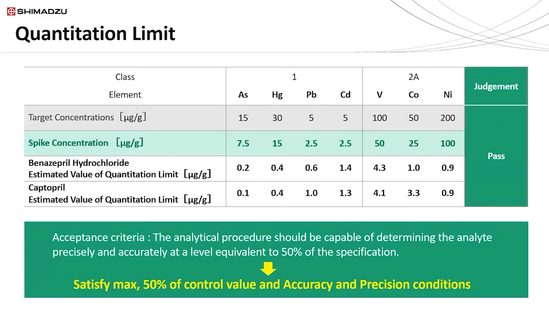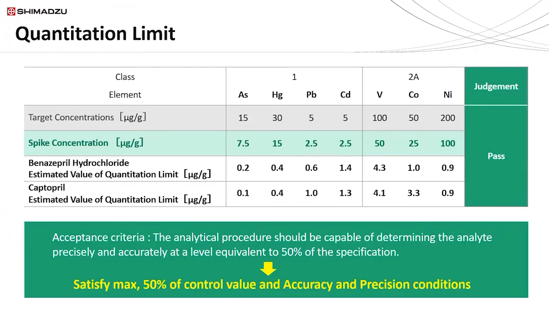Quantitation limit. Again, to get the quantitation limit, you measure a blank, for example, unspiked benazepril hydrochloride 10 times and multiply that by 10, and you get the values listed at the bottom here. Again, we spiked at 7.5 ppm because that's half of the specification.